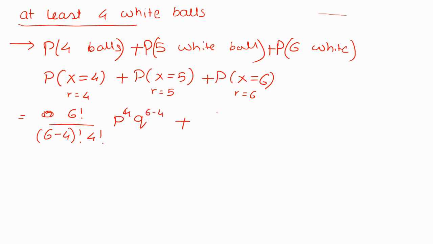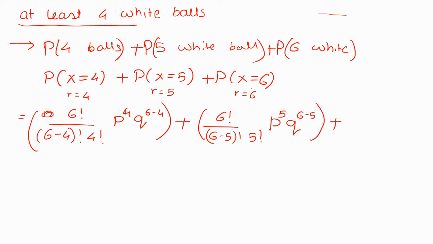Plus for this part it will be 6 factorial upon 6 minus 5 factorial into 5 factorial, again p raised to 5 q raised to 6 minus 5, that is 1. Plus for this part it will be 6 factorial upon 6 minus 6 factorial into 6 factorial, p raised to 6 q raised to 6 minus 6.